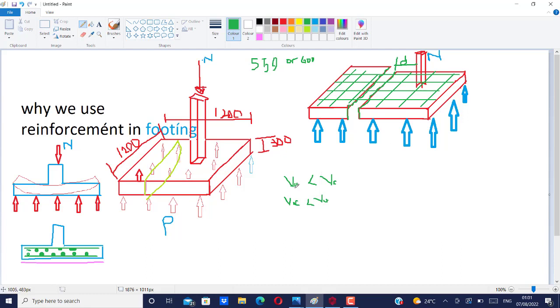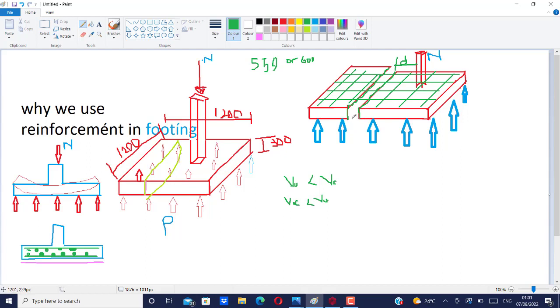But ordinarily, if your thickness is okay, you don't need to provide any top reinforcement. If you increase your thickness, and you find out that it's okay, you don't need to provide any shear reinforcement, which is what we have done here. So you use the thickness.